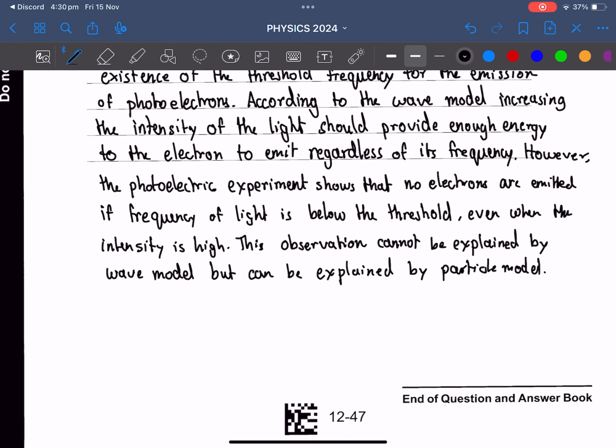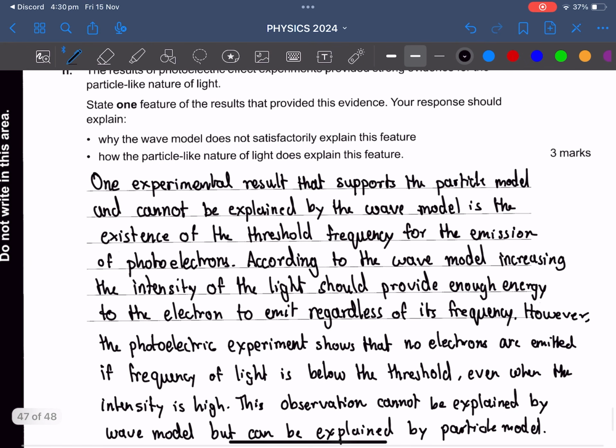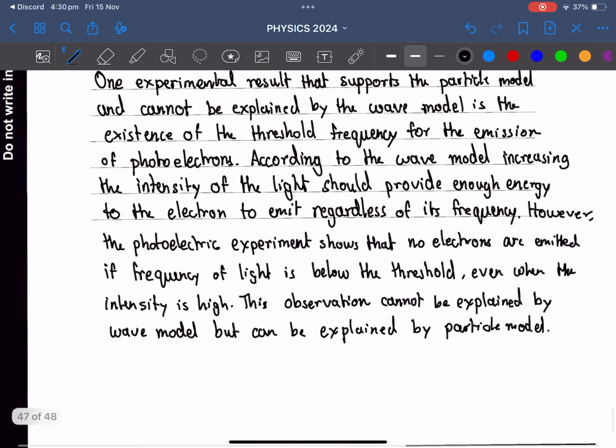Almost done. I just have to explain how the particle-like nature explains this feature.